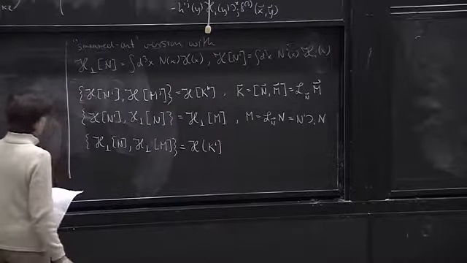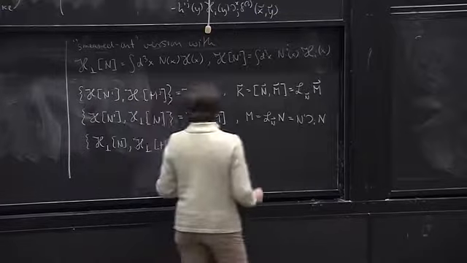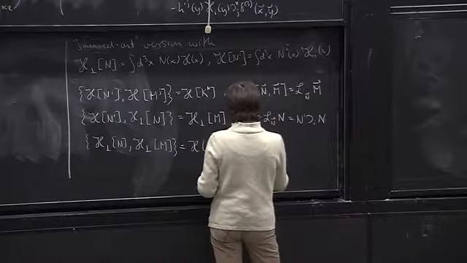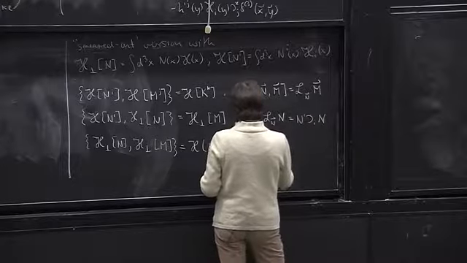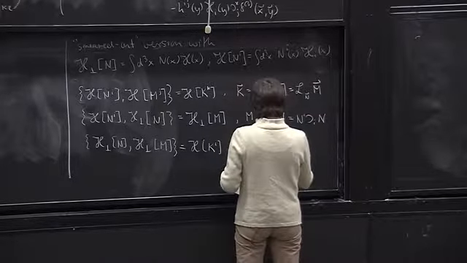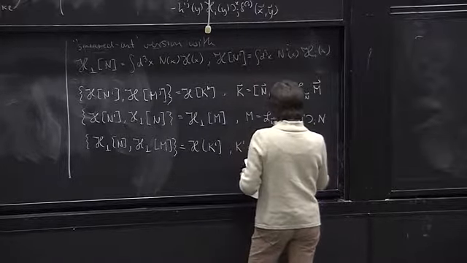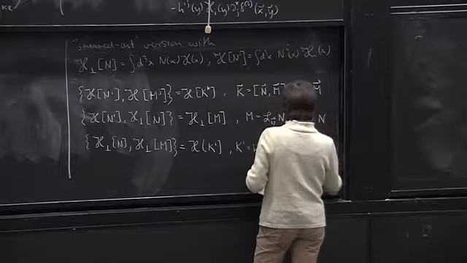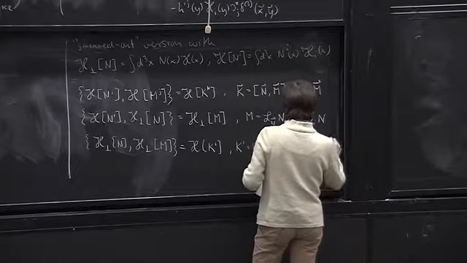So this now is a momentum constraint where K^i is equal to little h^ij (n ∂_j m minus m ∂_j n).